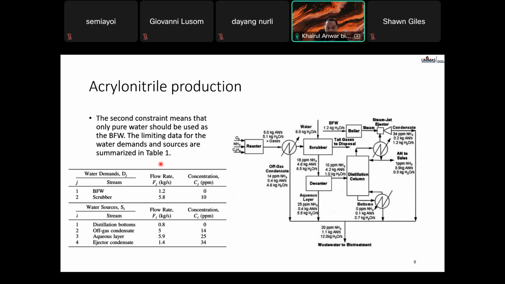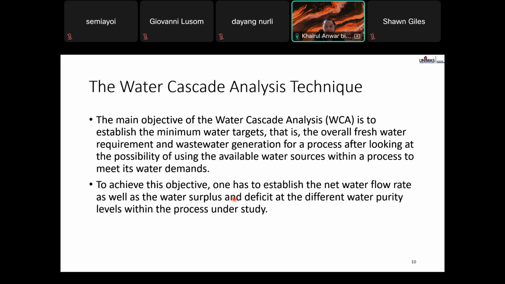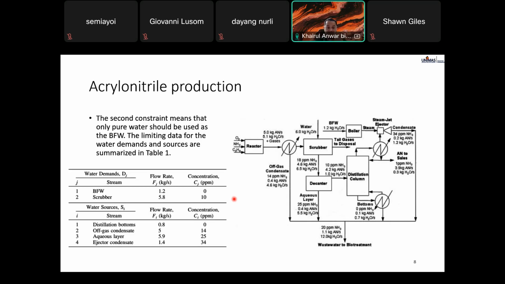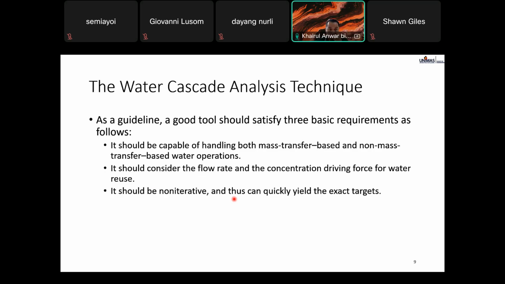Now that we have identified which one is the demand and which one is the water source, we can do the water cascade analysis. Before we do it, we need to identify these two first, very important. For the water cascade analysis technique, here's the guideline.